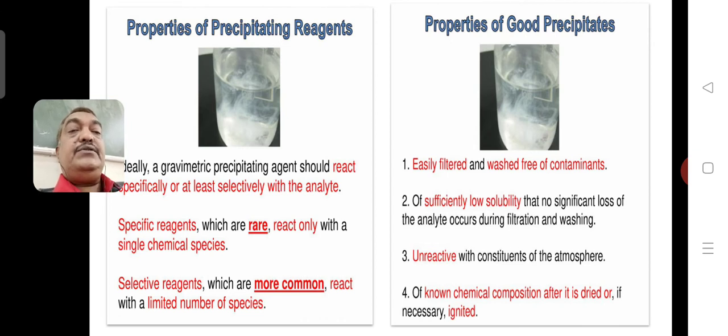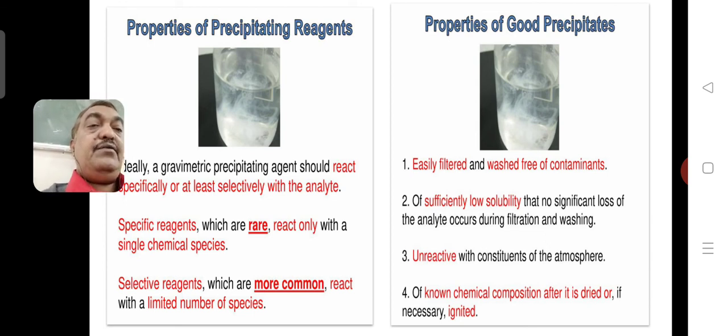The properties of the precipitating reagent are that they must be specifically stable. Whatever product of PPT is formed, it must be specifically stable, and the reagents used for the formation of a precipitate should be chemically pure.